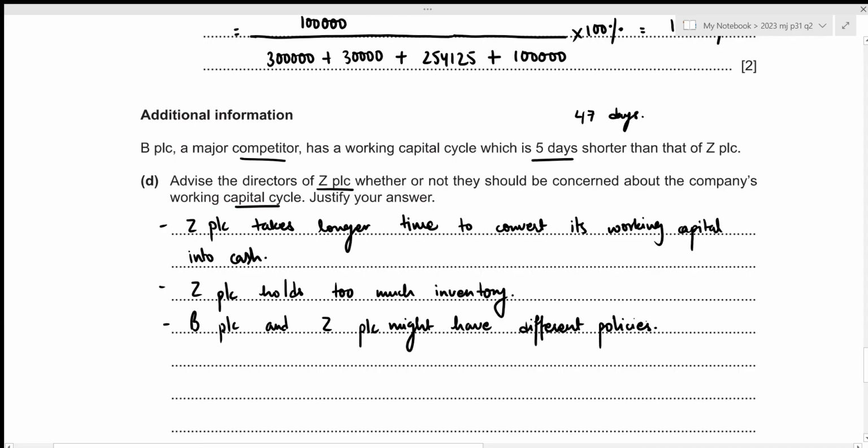And we can also see that ratios will not consider any of the non-financial factors which might impact the financial statements. So we can consider those factors as well. There may be non-financial factors that impact the financial statements.